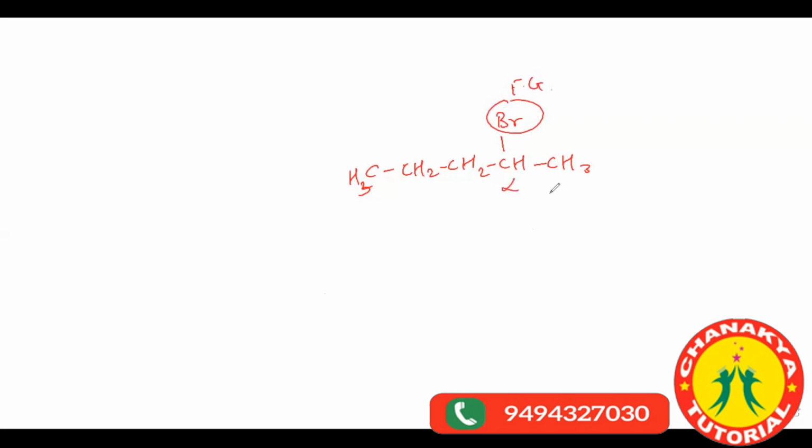So both the beta carbons have hydrogen, isn't it? Yes. So which beta hydrogen would be abstracted? There would be two possible products, right? So I'll show that with a different color. That would be convenient, I guess. You can see, here also beta hydrogen is present, and here also beta hydrogen is present, right? Now, what happens if this CH and here one more H, I will write it in this manner.